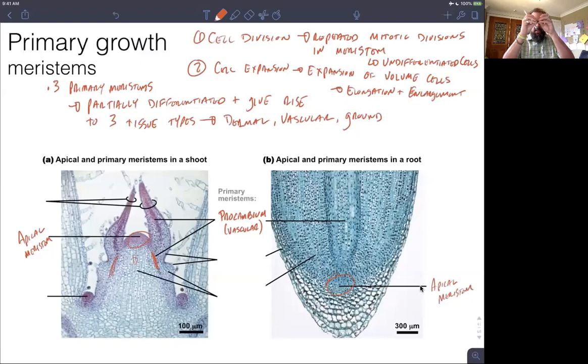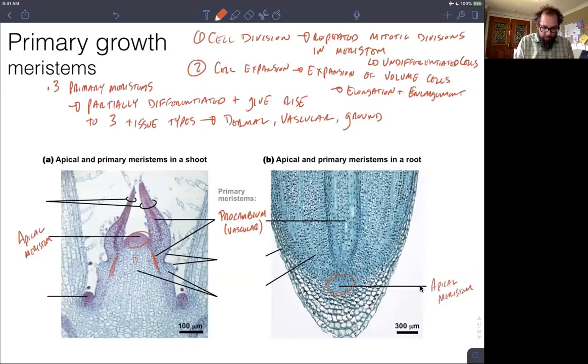So these cells are actively dividing in the apical meristem. They migrate down that meristem a little bit, and then they're into a region where we find the primary meristems. And if those cells are partially differentiated into vascular tissue, they become that procambium, which will continue to divide and give rise to the vascular tissue.